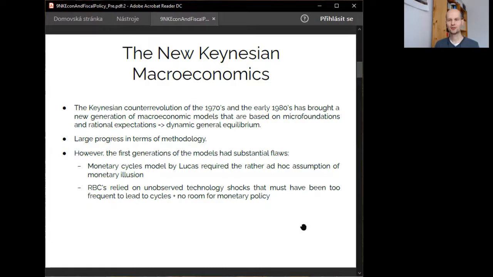The new Keynesian macroeconomics appeared as a reaction to the developments in macroeconomics in the 1970s and the early 1980s. These decades brought a new generation of macroeconomic models, which replaced the former framework of behavioral equations based on the IS-LM and aggregate supply, aggregate demand model. The new generation of macroeconomic models was based on micro foundations and rational expectations.